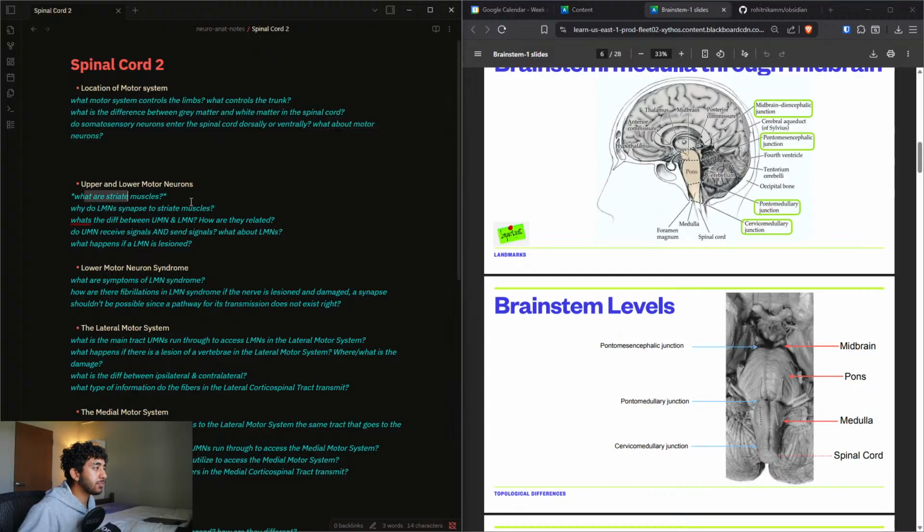Dorsally, ventrally. Striate muscles are muscles that are, I know they're a type of muscle.